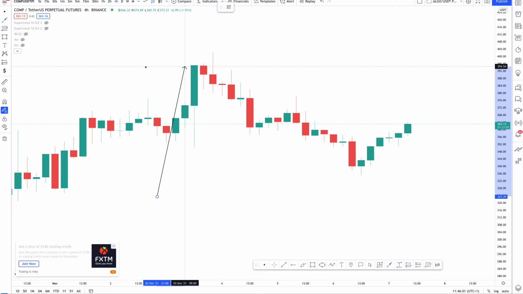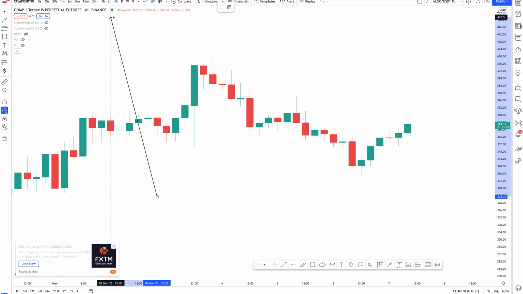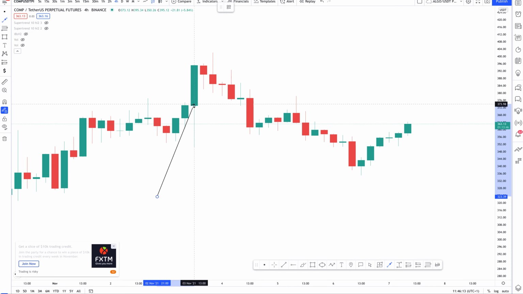So if this is a 4-hour chart, it means each candle represents 4 hours. This particular candle here is a 4-hour candle, and this one too.